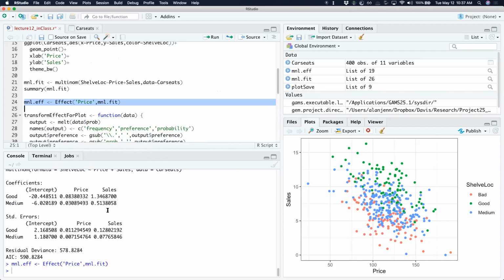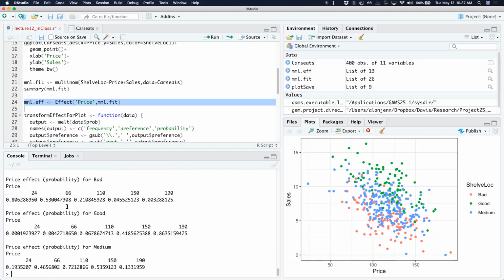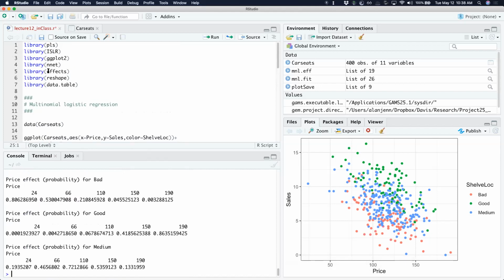And essentially what it does is a series of predictions across one of the variables. You can actually vary across multiple variables, but I'm just going to do price for now because I think it'll be easiest to understand. And it will look at the probabilities associated with each of those. So it really is like a more powerful predict function. It comes in its own package called effects up here.